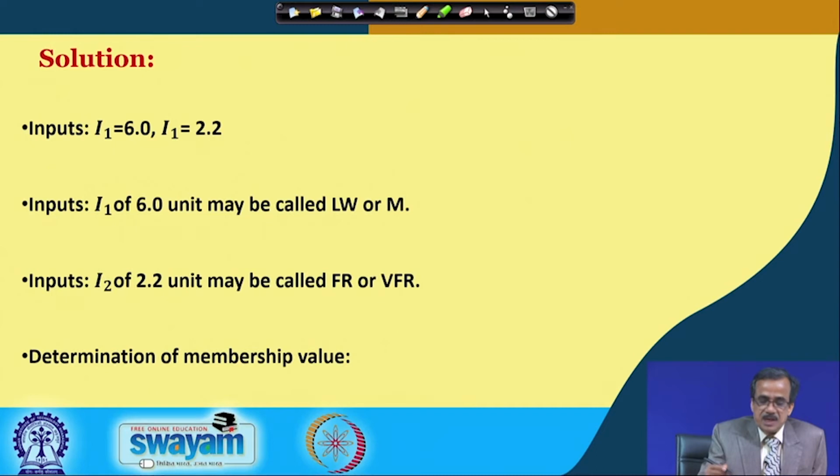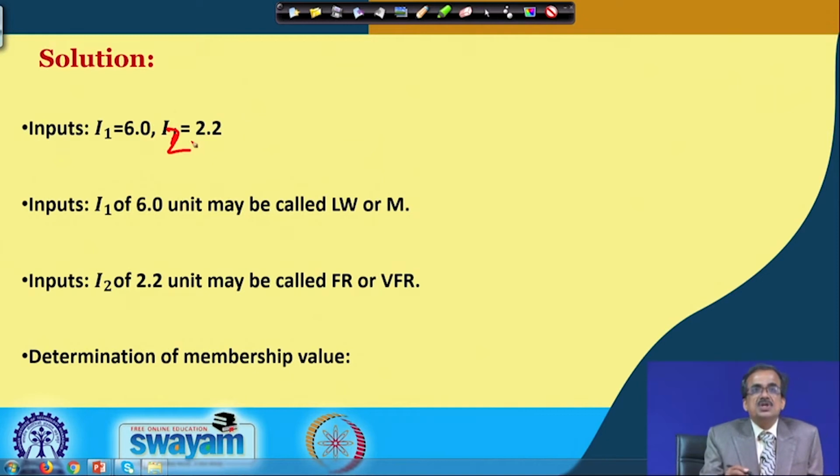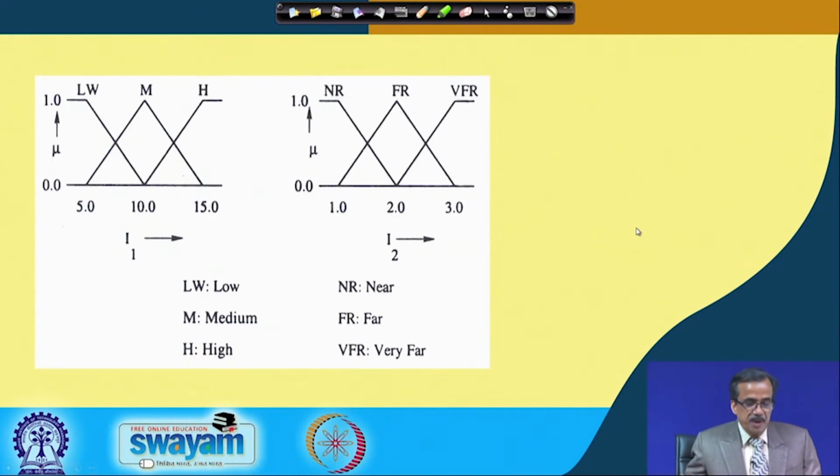Now, let us try to concentrate. Here I1 is 6.0 and this should be in fact I2. So, here there is a small mistake. This should be I2. So, I2 is equal to 2.2. Now, corresponding to the 6.0 and 2.2, let us try to find out the membership function value. So, 6.0, that means I am here.